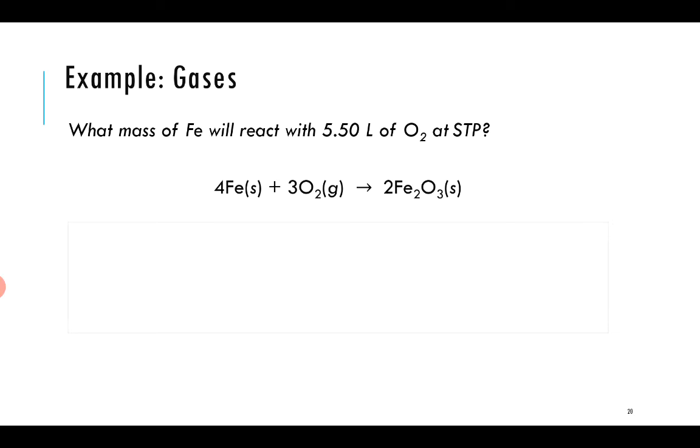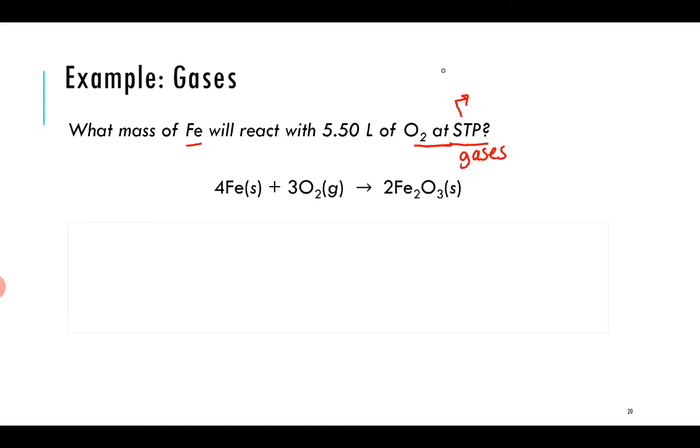All right. Let's figure out this one. This one says, what is the mass of iron that will react with 5.50 liters of O2 at STP? And so we have to remember that STP applies to gases. Go ahead and pause the video and try to work this out. Okay, let's work this out. So STP is related to gases.